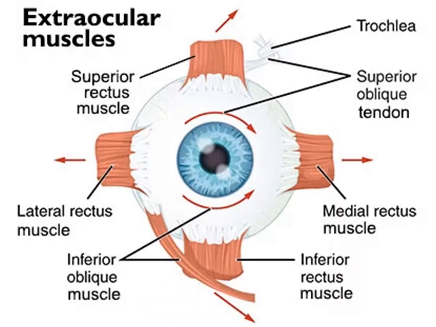Another structure is your extraocular muscles, or the extrinsic eye muscles. These are six strap-like muscles that maintain the shape of the eyeball and enable the eye to follow the movement of objects. There are four rectus muscles that originate from the annular ring and two oblique muscles which move the eye in the vertical plane.